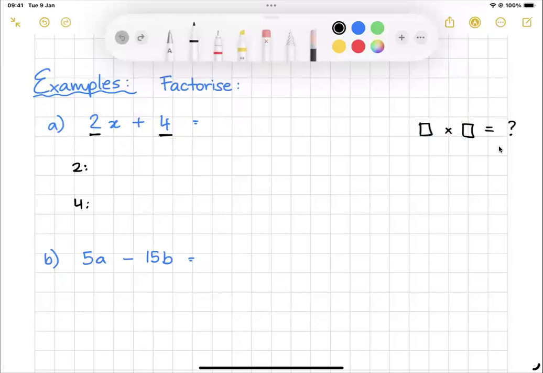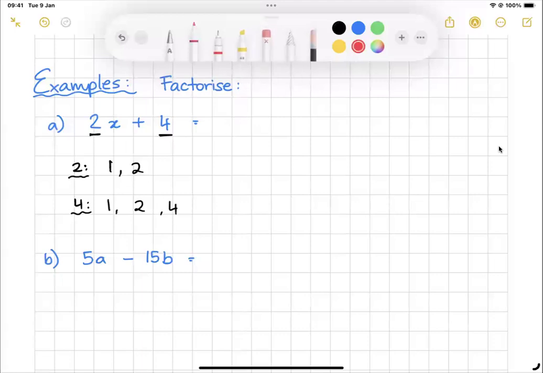Let's think about it. What two numbers multiplied together get me 2? Well, 1 and 2. What two numbers multiplied together give me 4? Well, 1 and 4 is the easier one, and 2 and 2. But because 2 times 2 gives me 4, I'll just put 1, 2 in my list of factors.